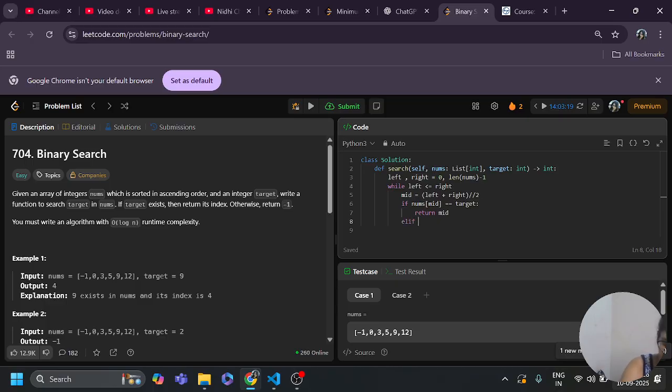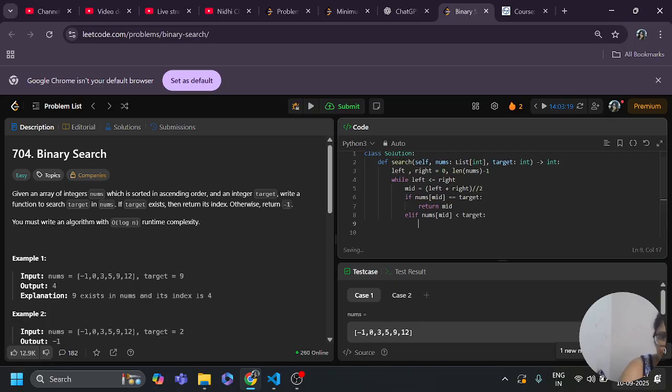If numbers at mid is less than target, left equals mid plus 1.